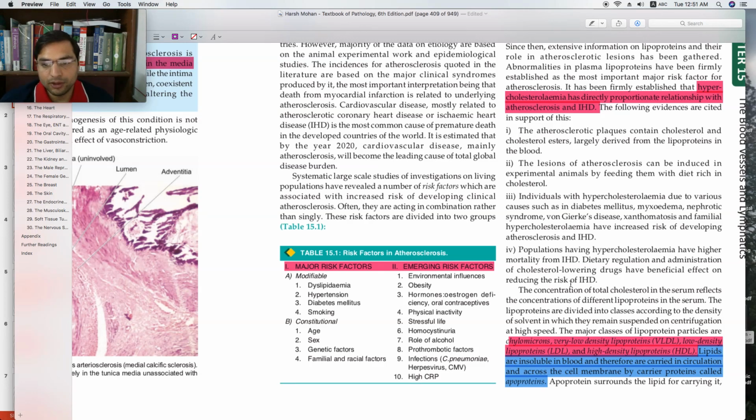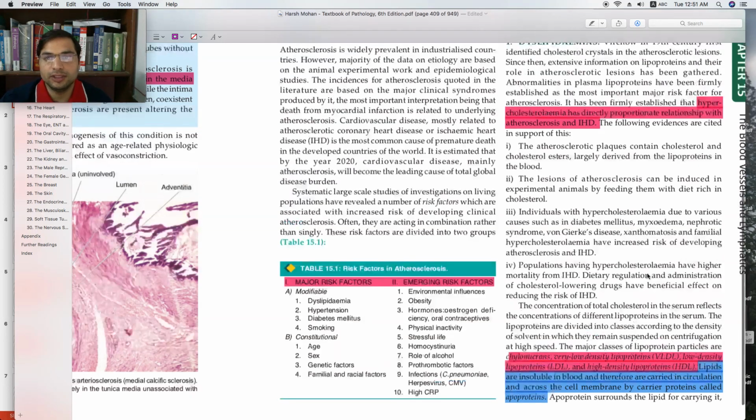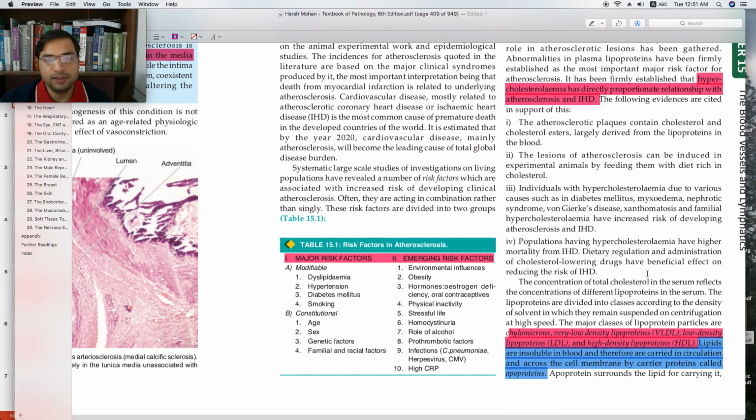VLDL, chylomicrons, LDL and HDL and cholesterol. Lipids are carried in the blood with proteins called apoproteins, right? Deranged levels of these various lipids cause dyslipidemia, right? We already know that the high density lipoproteins are good lipids, whereas the low density and very low density lipoproteins, triglycerides and cholesterol are the bad lipids.